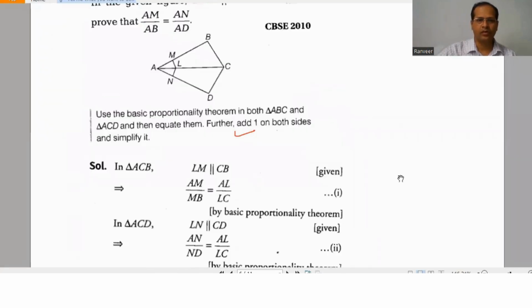Now you can see in the diagram, in triangle ACB, LM is parallel to BC. So this is the given condition. Based on that, AM by MB equals AL by LC. This is the first. Similarly, LN is parallel to CD, so we can write AL by LC equals AN by ND. So this is the second condition.